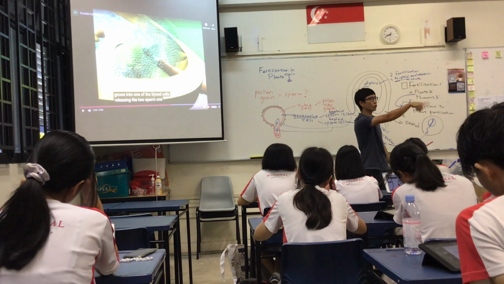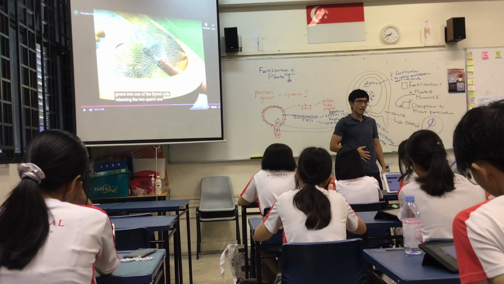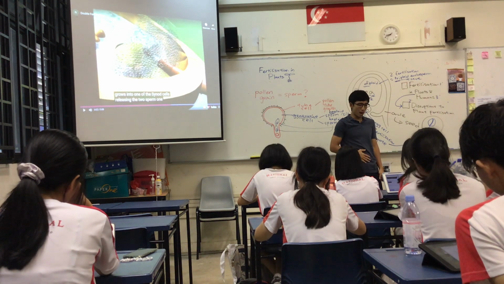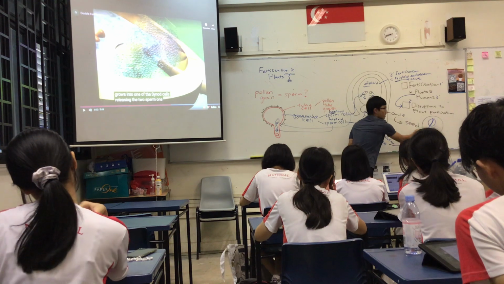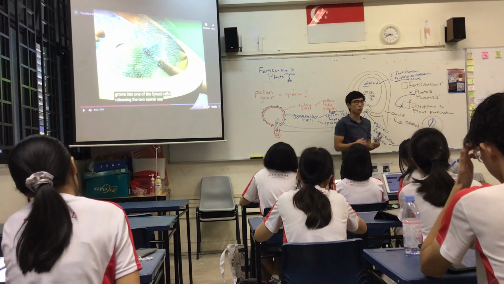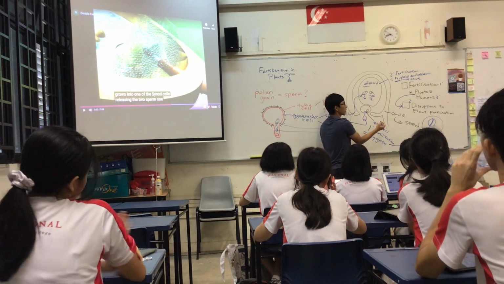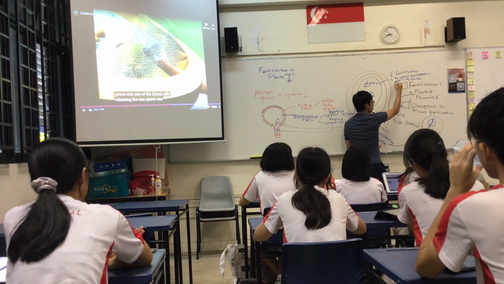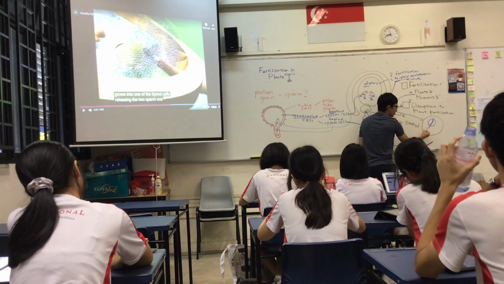If the seed were to be thrown into the soil, how is it going to survive the wild? Unlike you, who develop inside your mom, and mom's always supplying nutrients via the umbilical cord, this seed is no longer attached to the plant. How is this baby plant going to get any nutrients of any sort? That's the reason for the second fertilization, because this particular tissue serves the function to give this baby plant nutrients.